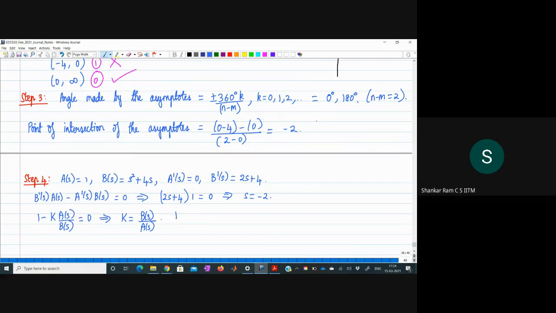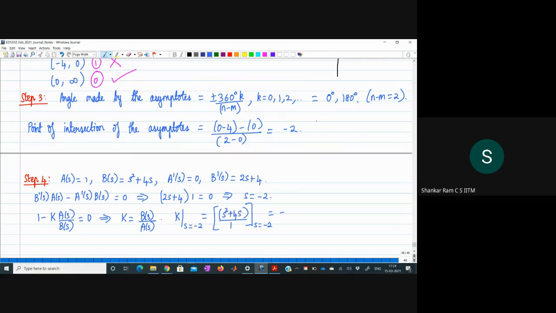So, if we evaluate k at s equals minus 2, we will have B of s by A of s, which is s squared plus 4s divided by 1. Sorry, not 2s plus 4. I wrote B prime. This should be s squared plus 4s.